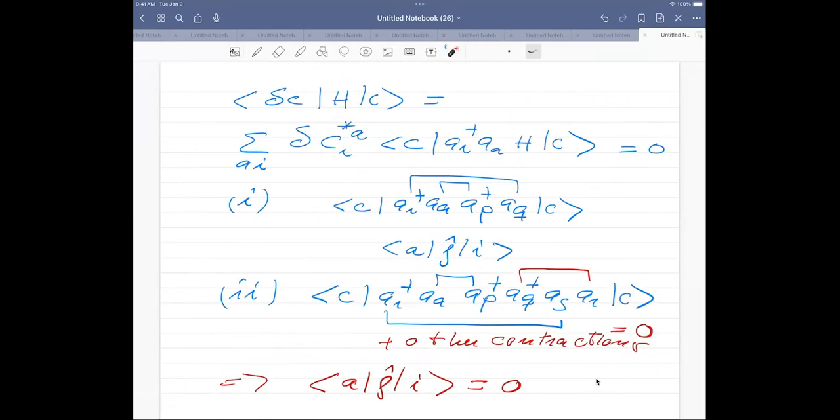So you get a one body part and a two body part. Yeah. And the two body part is zero. The two body part is automatically zero because you're connecting a one particle, one hole excitation with a zero particle, zero hole state. So it's only a one body operator which can bring you from one to the other one. A two body operator would require that you end up in a two particle, two hole state.